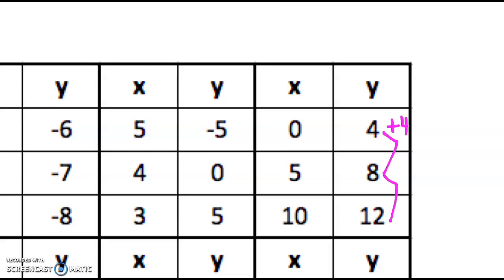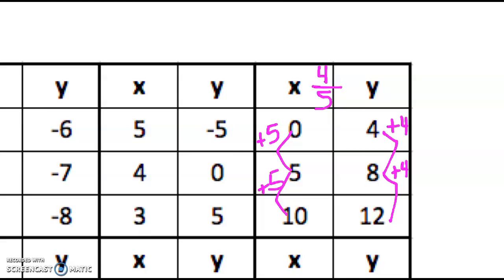To go from 8 to 12, I'm adding 4. So my change in y is 4. Remember, slope is change in y over change in x. My change in x, when we go from 0 to 5, 5 to 10, what are we doing every time? We're adding 5. So change in y over change in x, my slope is positive 4 over positive 5, right? That's a positive number. 4/5 is a positive number.